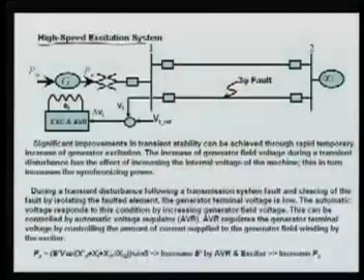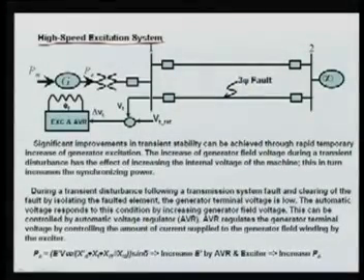First I said we require the high speed excitation system, means automatic voltage regulator. So this is your generator. The terminal voltage is measured, and this terminal voltage is compared with some terminal voltage reference value. Normally this voltage, let's suppose, is 1 per unit, or it may be 1.05 per unit.